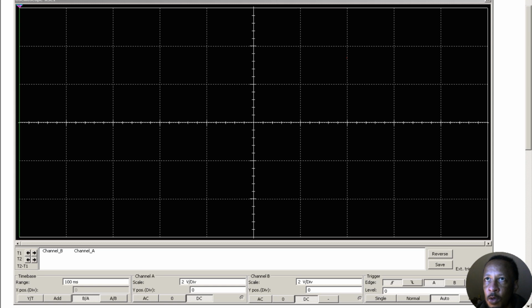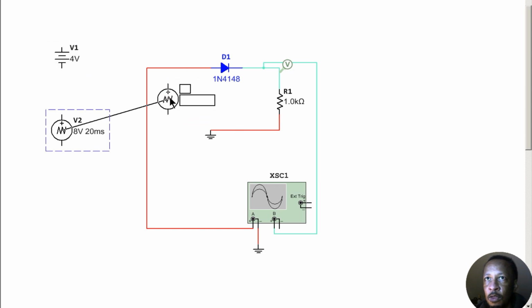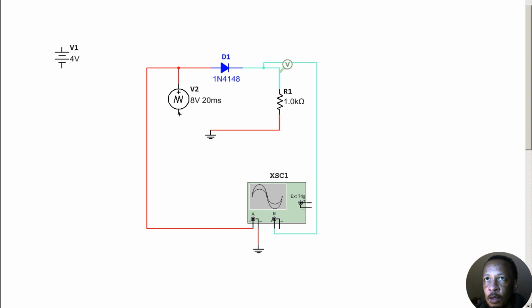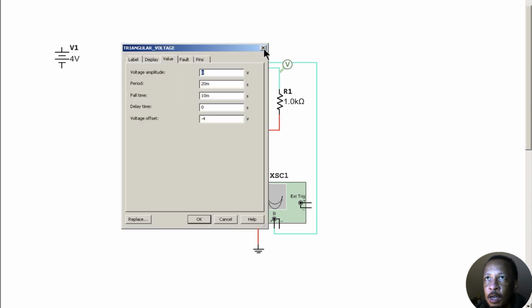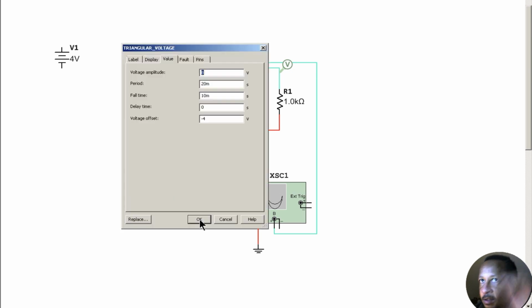That's because it needs to basically change. It needs to sweep somehow, and it's just the static voltage just sitting there at 4 volts, so we're not going to get anything, which is why I use this over here, which is a triangular voltage, and I have that set up so that my voltage amplitude is 8, my voltage offset is -4.